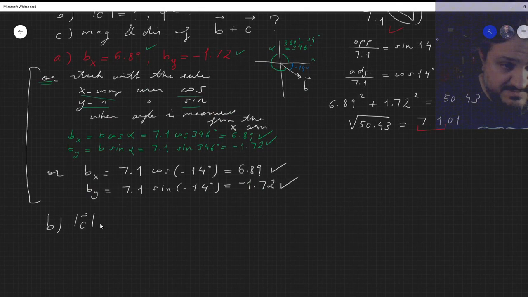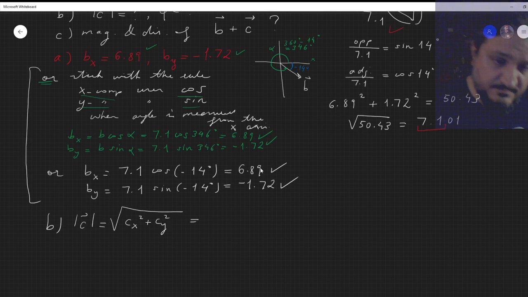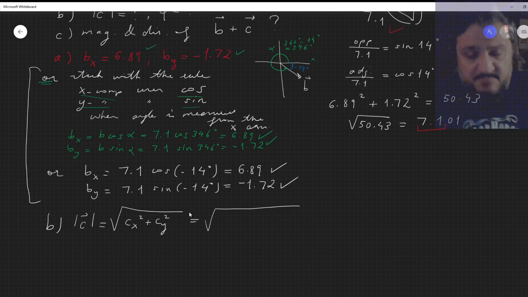The magnitude of C is equal to the square root of Cx squared plus Cy squared. Now you can think of Cx and Cy as the given coordinates, or you can think of them as the sides.